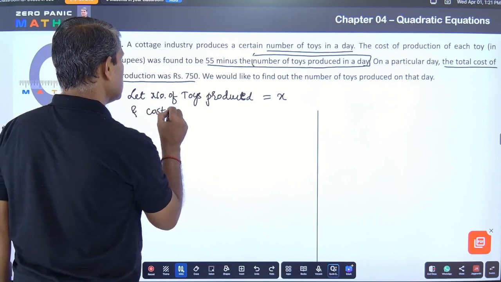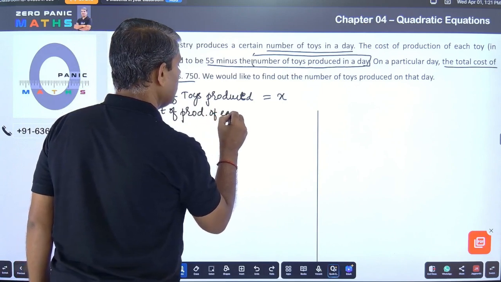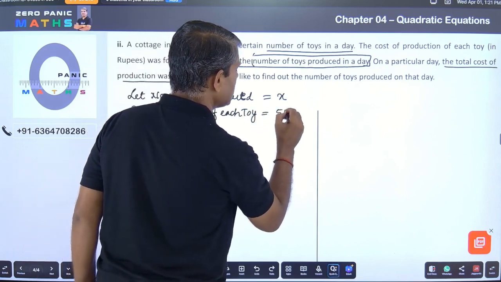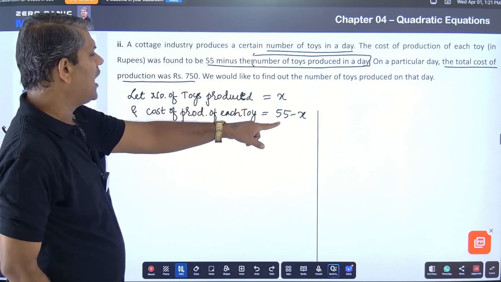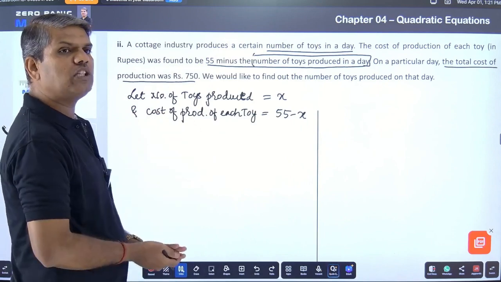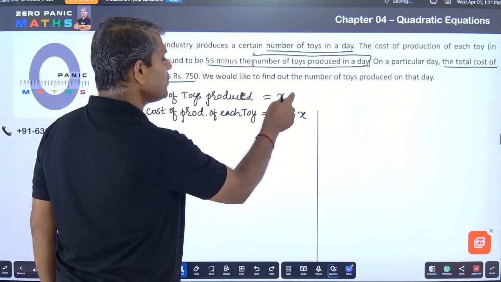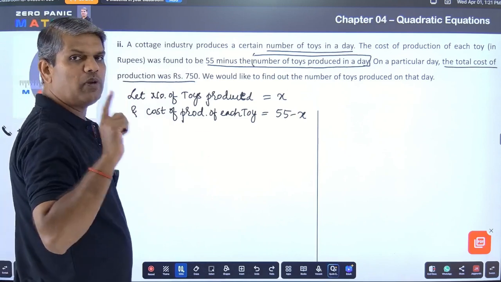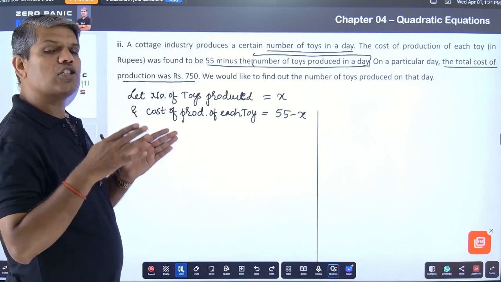This is the total number of toys produced, and this is the cost for one toy. If we multiply both, that gives us the total cost of production. So x into 55 minus x is the total cost of production.